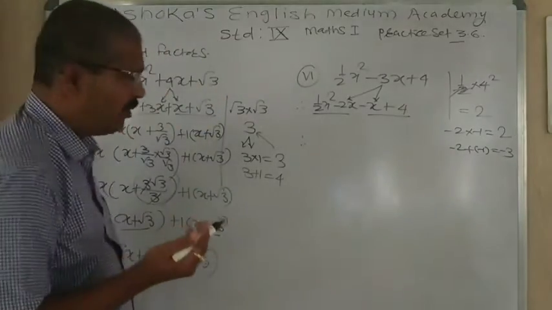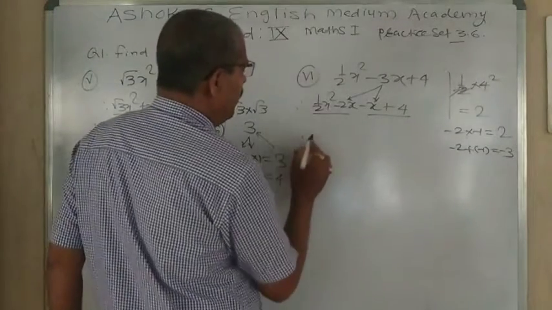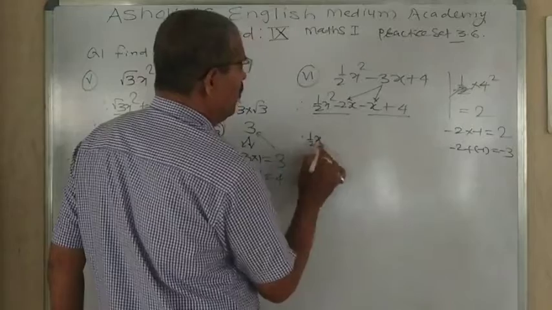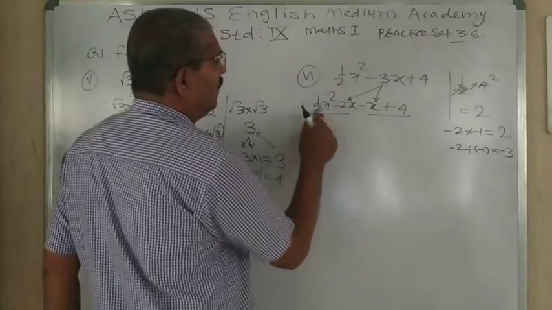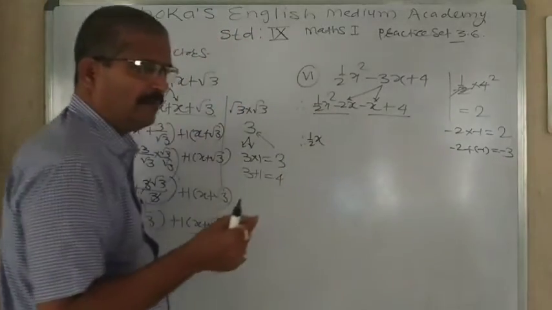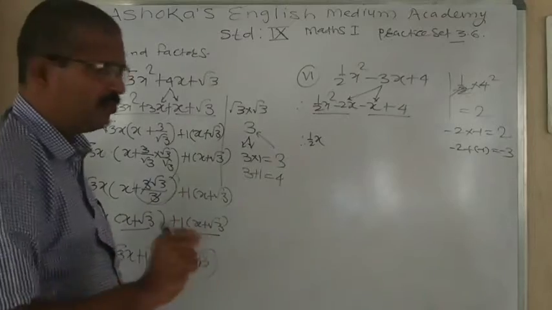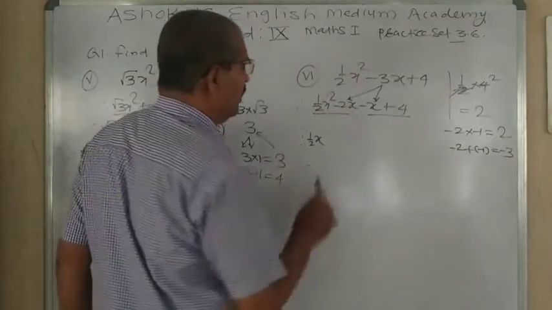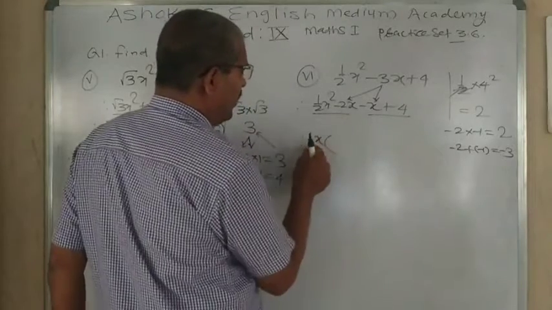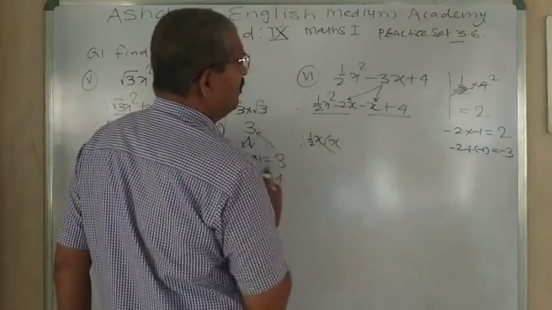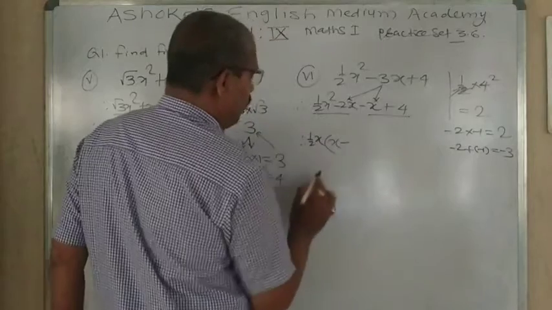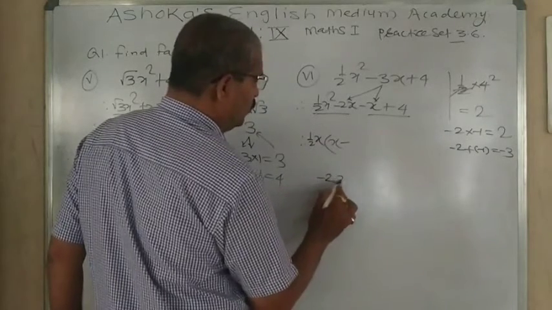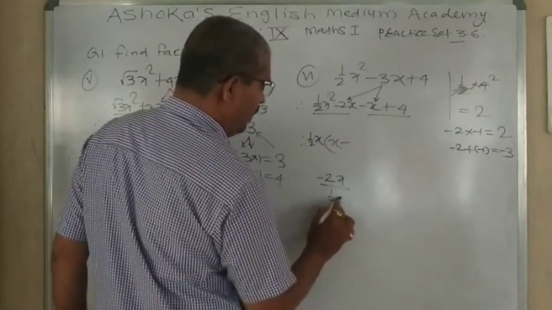What should we do now? From 2x, we will take half x common. Of those numbers, the smaller one should be taken out, and x from x square is common. Now half x square divided by half x leaves only x as the remainder, and here, minus 2x divided by half x.